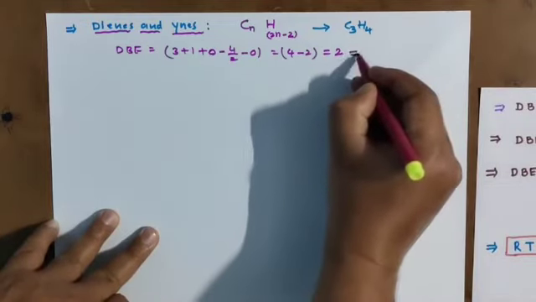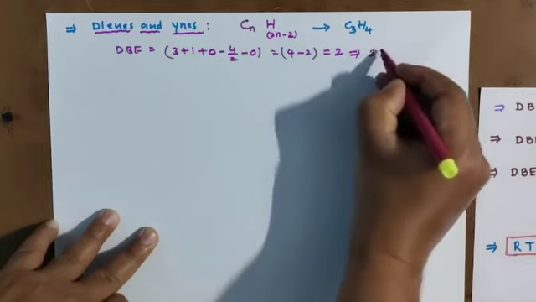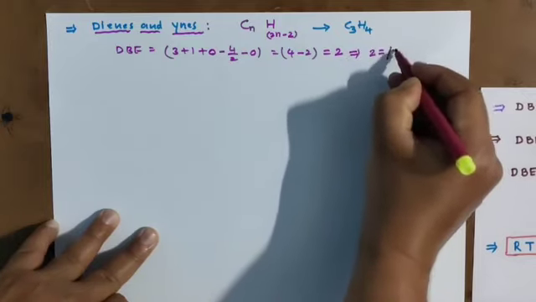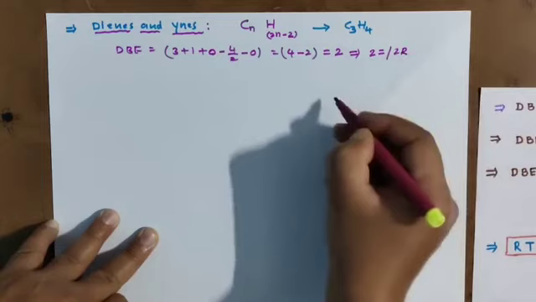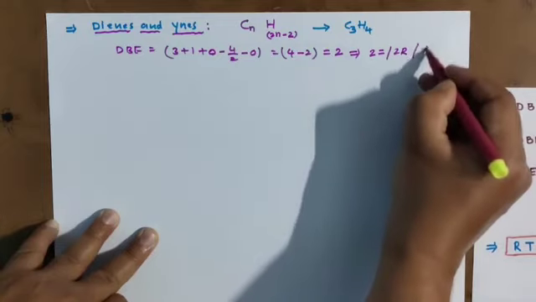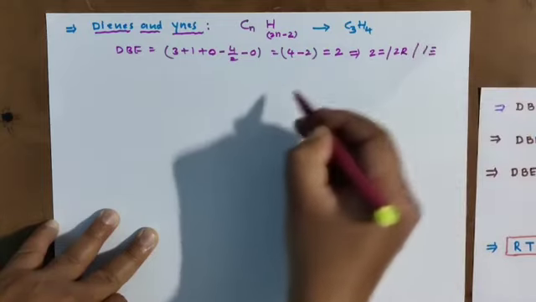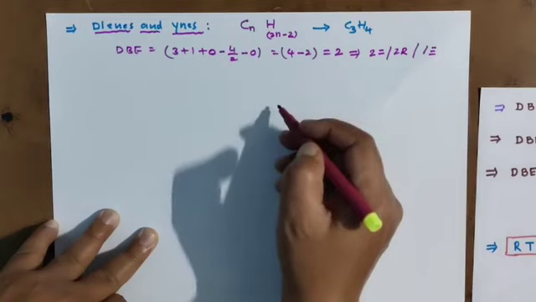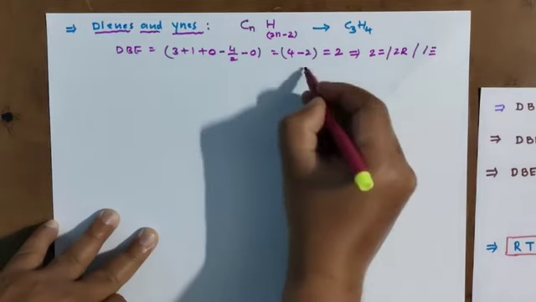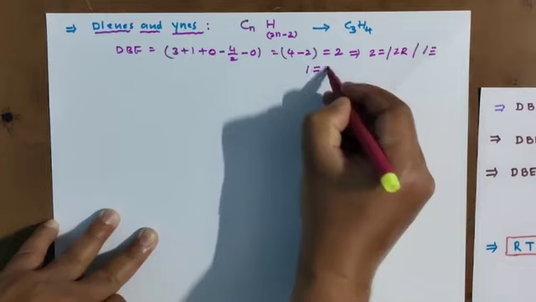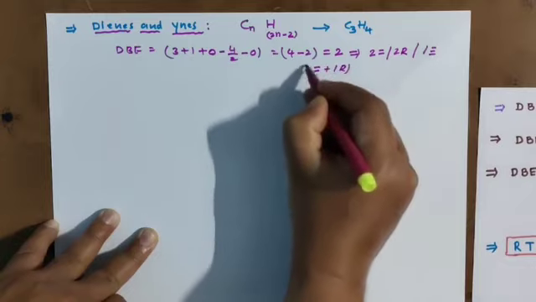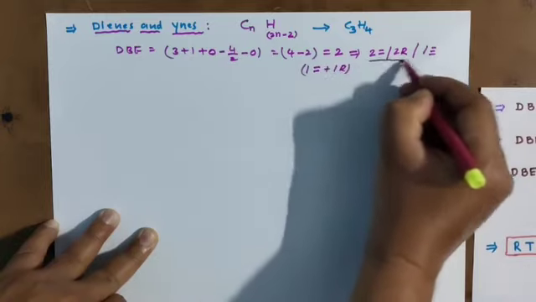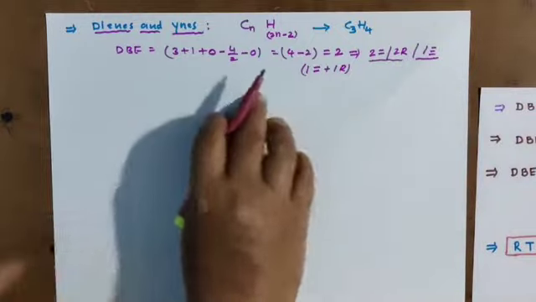We have the chance of 2 double bonds, 2 rings, 1 triple bond, or 1 double bond plus 1 ring. These are the chances we have to draw as structures.